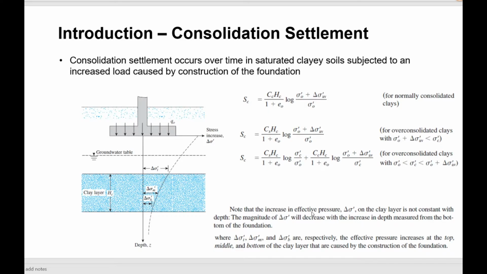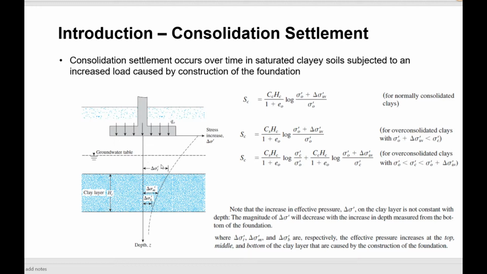Note that the increase in effective pressure, delta stress prime, on the clay layer is not constant with depth. The magnitude of the delta stress prime will decrease with depth measured from the bottom of the foundation.